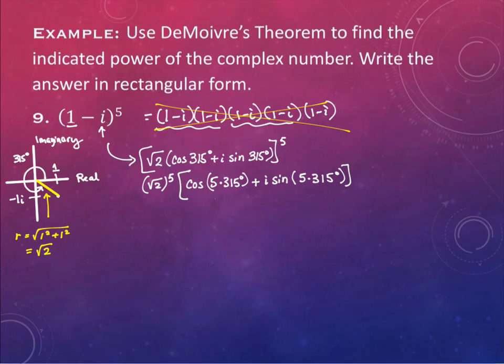All right, how about square root of 2 to the 5th? Let's do that part. If I have square root of 2 to the 5th, what's it going to be? Well, what if you just have 2 to the 5th? What would you get? You're thinking about multiplying 2 and 5. We want to do a power. So what is 2 to the power 5? It's 32. So this is, in essence, the square root of 32.